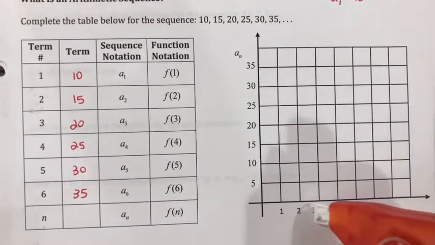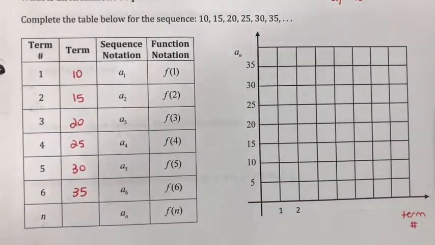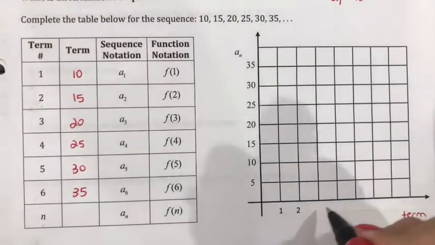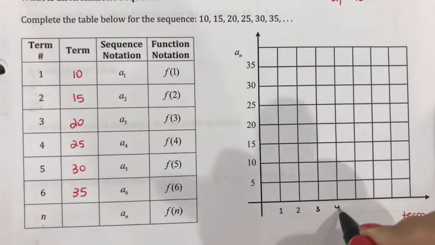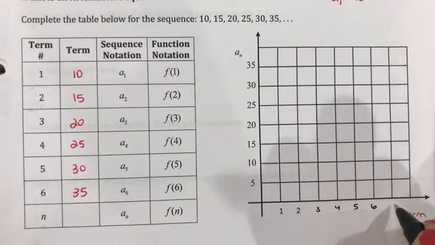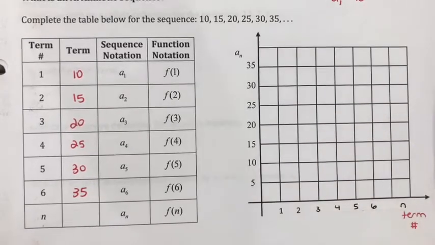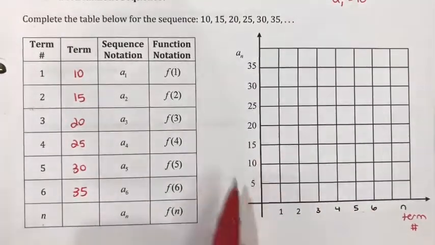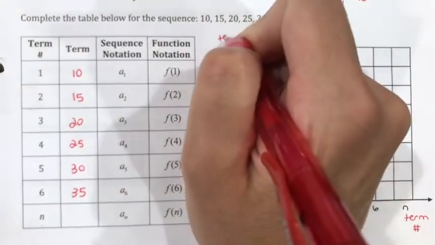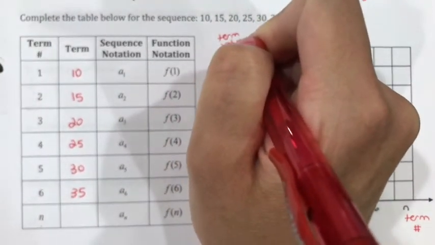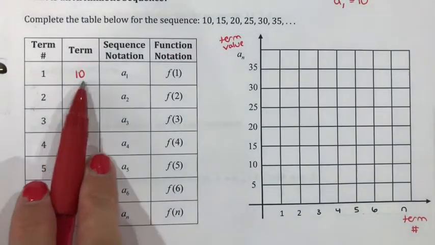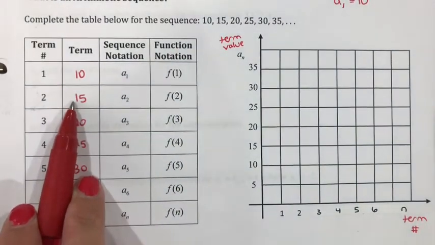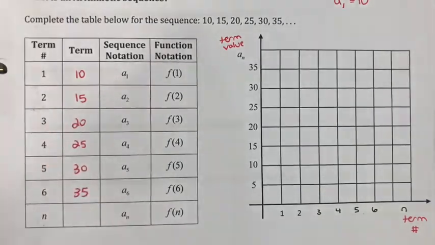I'll actually make sure your copy of the notes is even before I post it. There we go. Okay. The y-axis is the term value. So the actual value of the term a sub 1 is 10, a sub 2 is 15, etc.